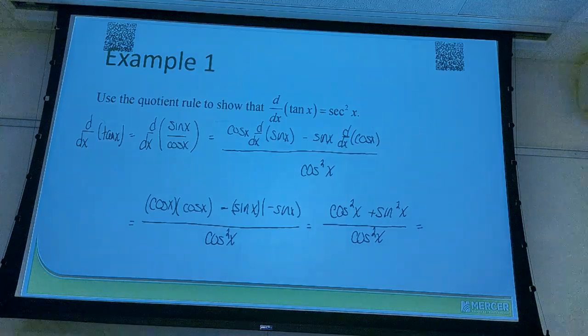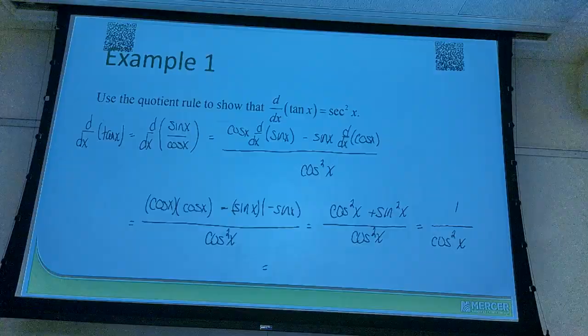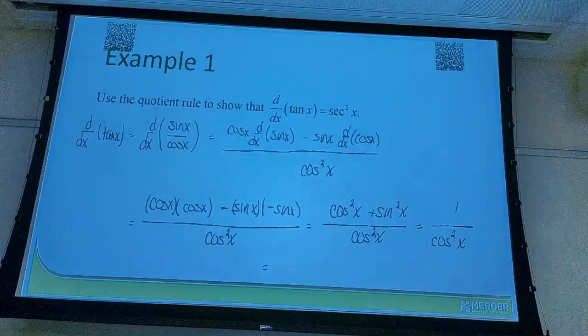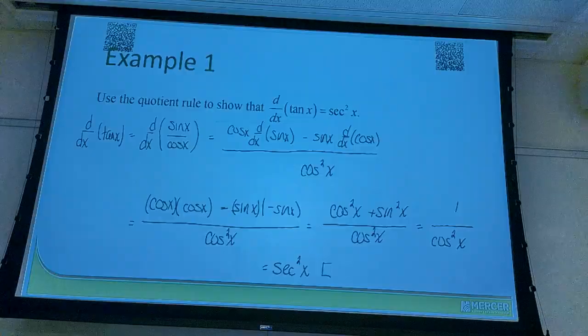What's cosine squared plus sine squared? How can 1 over cosine squared be simplified?